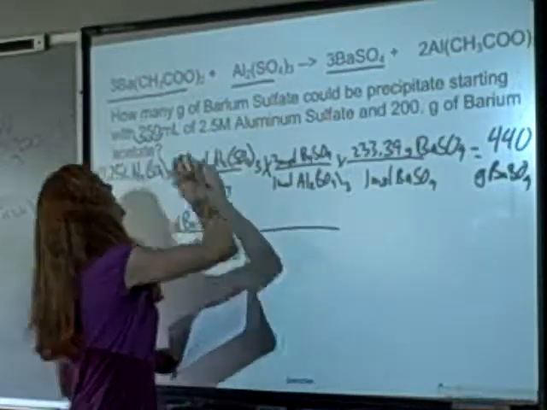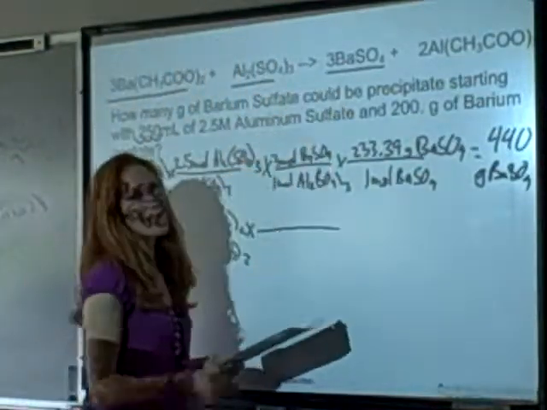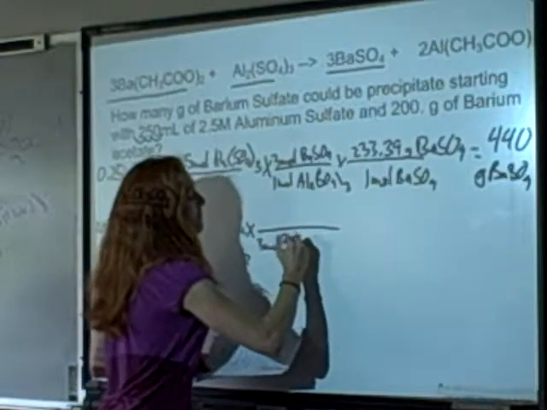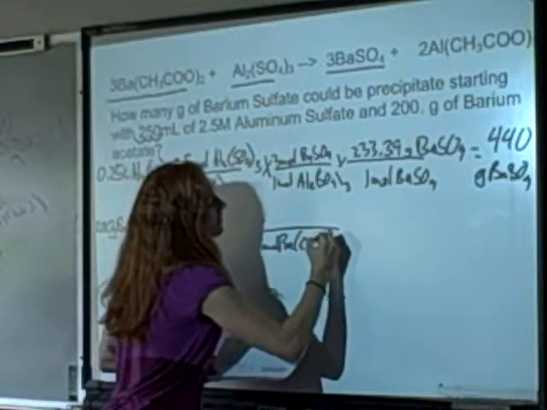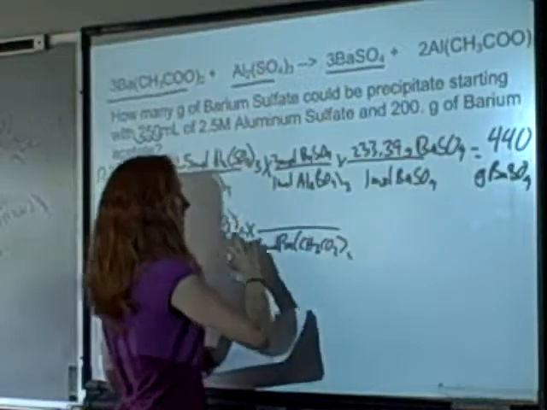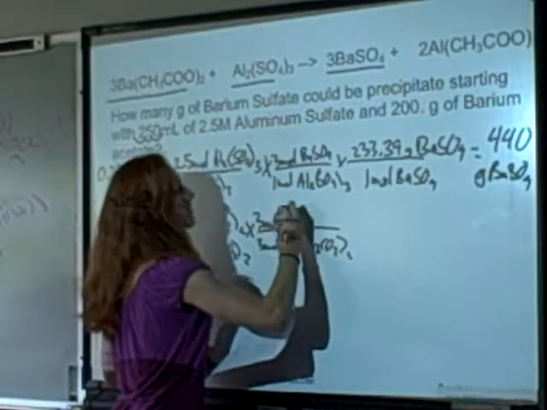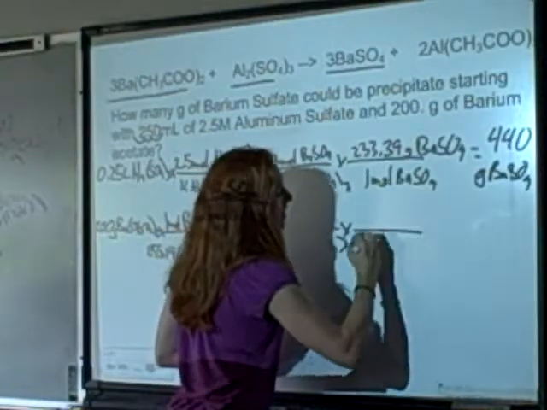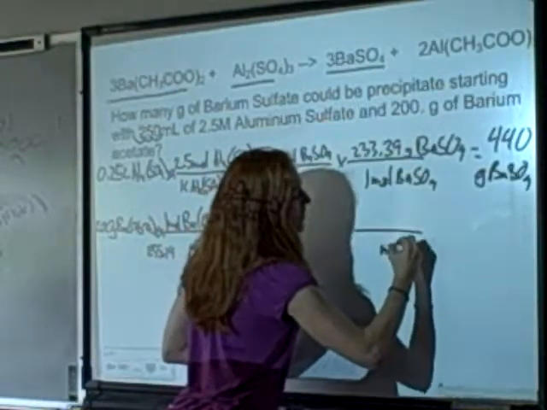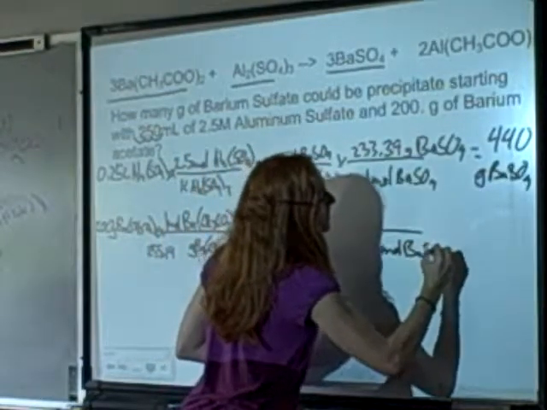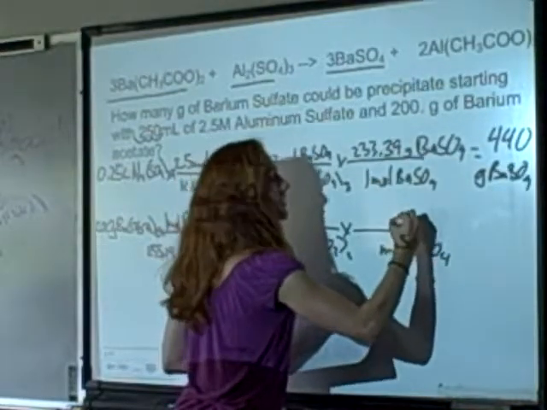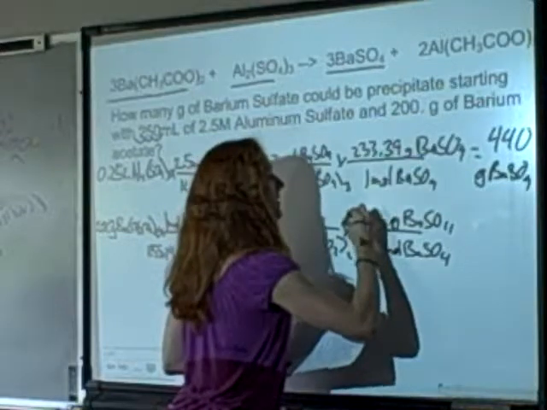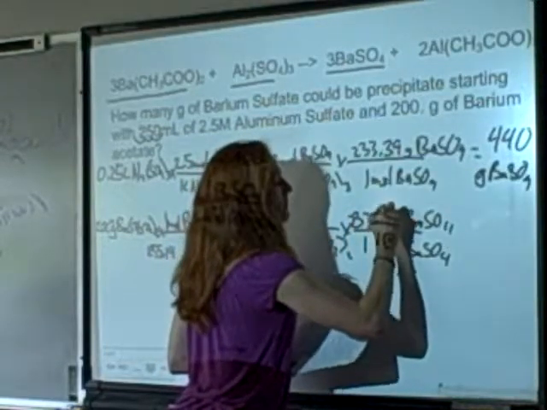And then I know that 3 moles of barium acetate react for every 3 moles of barium sulfate that form. And then I'm going to want to go from moles of barium sulfate to grams of barium sulfate, knowing that 1 mole of barium sulfate was 233.39 grams.